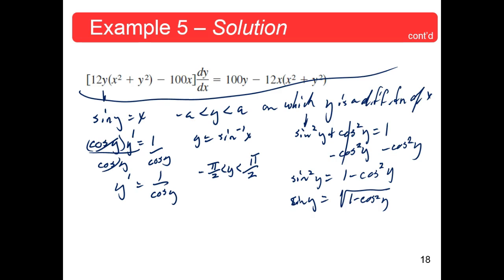This is 1 minus a cosine squared, which you can't simplify under a radical as a sum or a difference, because they have to be multiplied or divided. Those just don't work. So that's not a rule, and you can't just make up a rule.